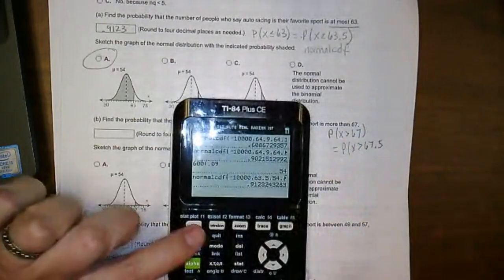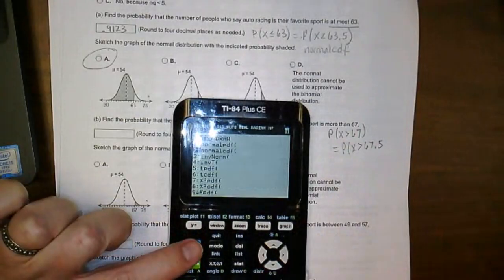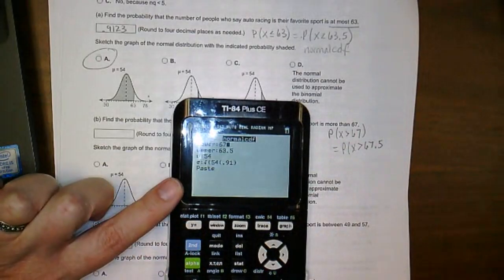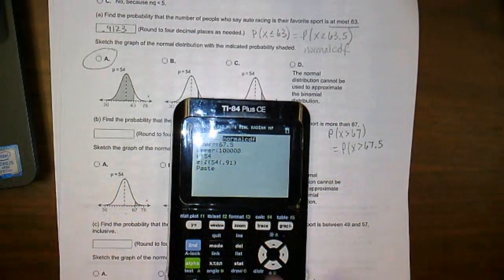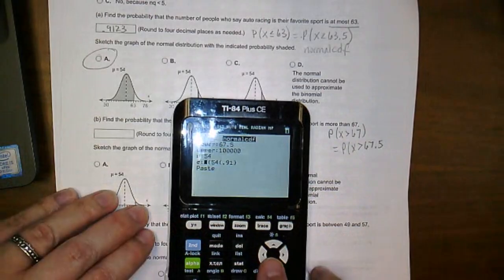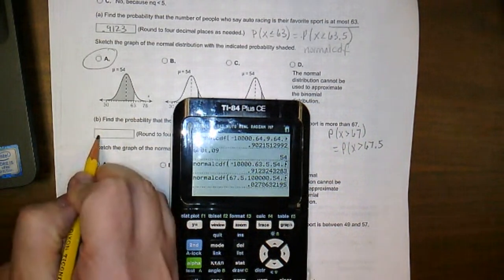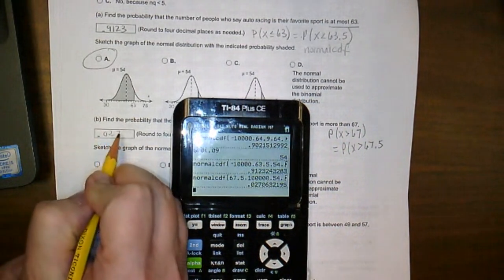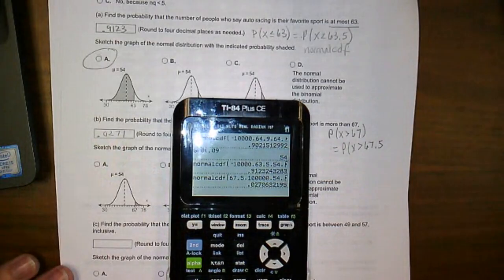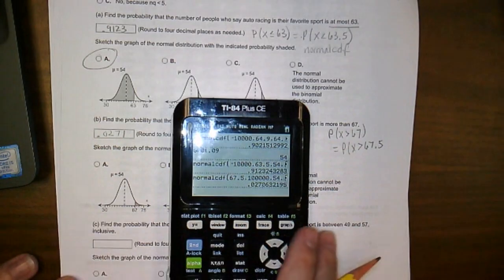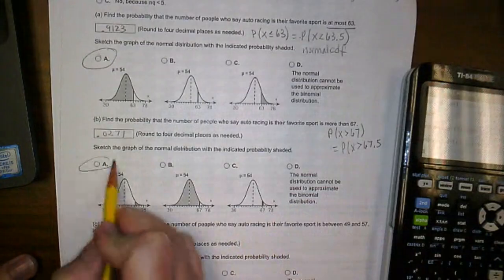So this time, your lower limit is 67.5, and your upper limit is unbounded. Okay, I can leave those the same, but that gives me 0.0271. And my graph for that, greater than 67.5, would be here, shaded to the right because it's greater than.